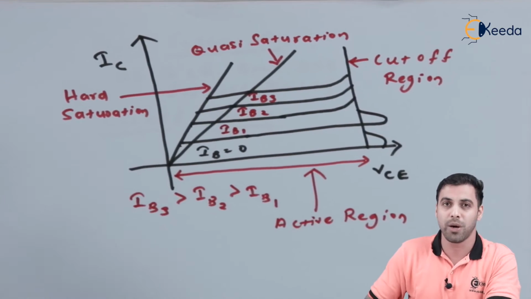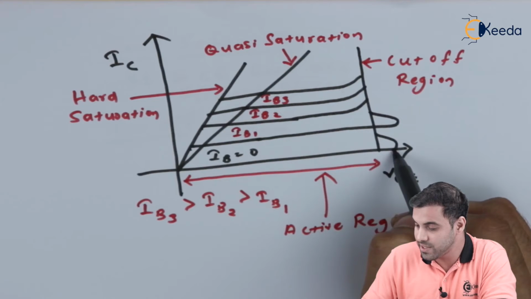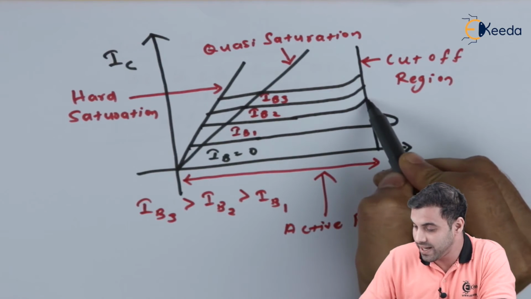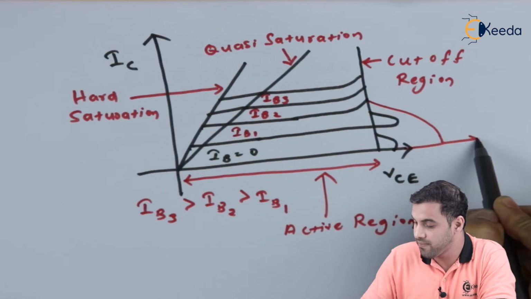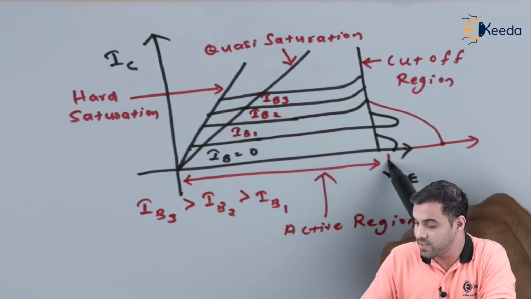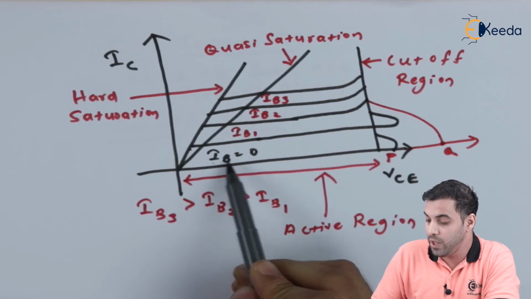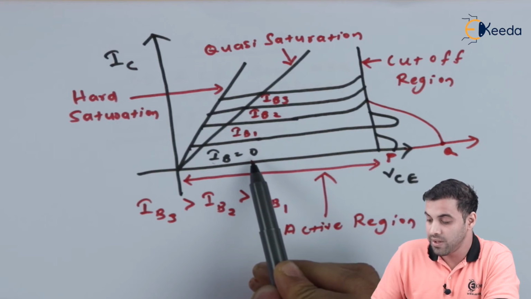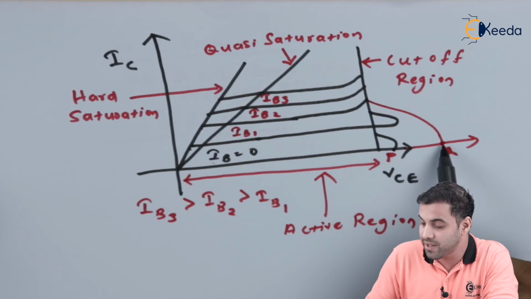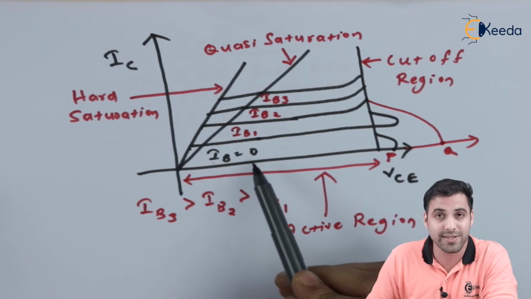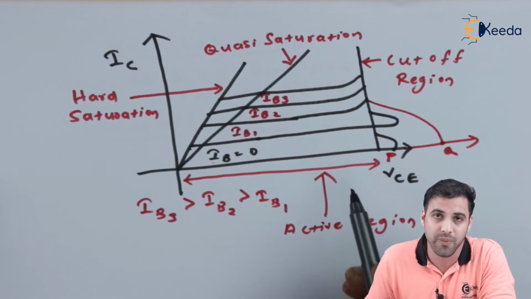Now let's talk about the cutoff region. You all can see here, if I extend this point, let's say this be P and this be Q. At these points, the value of the base current is 0, and if the base current is 0, the value of the collector current also becomes zero.